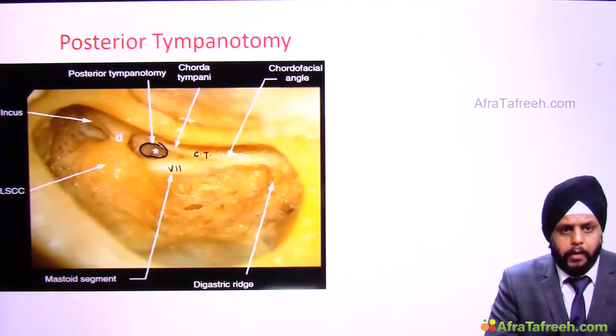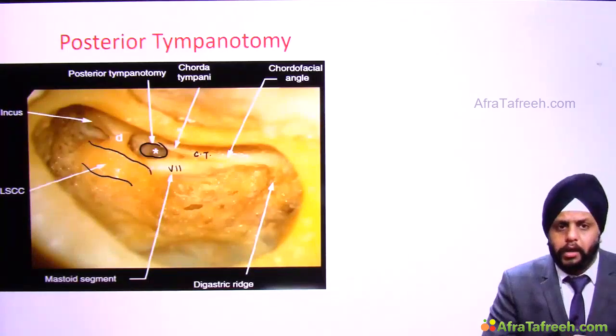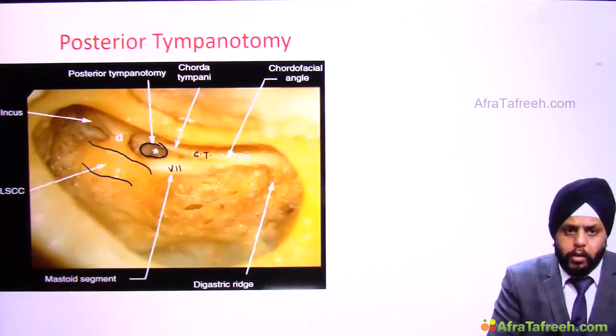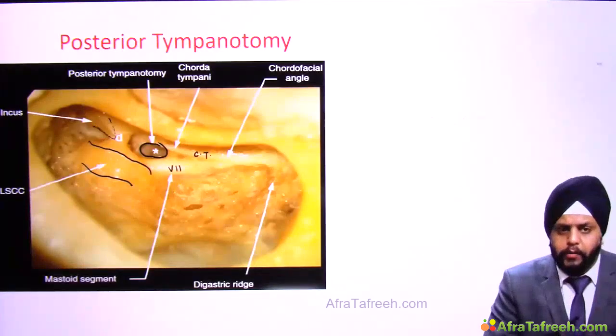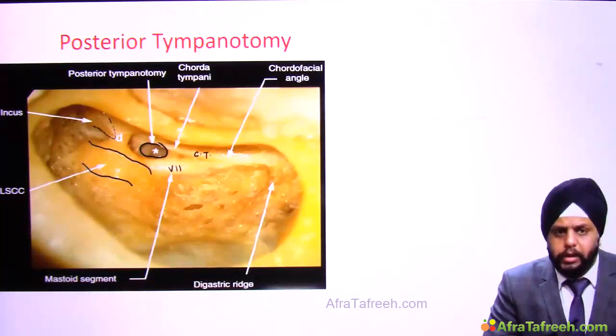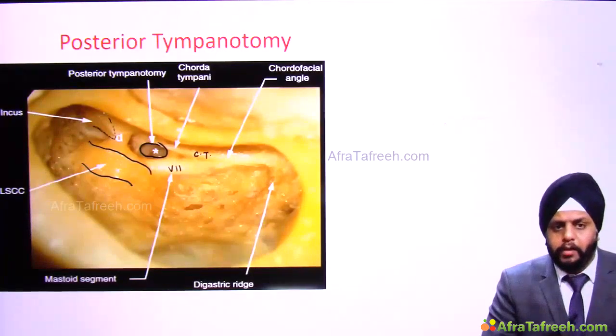What else can you see? You can see a very good bulge of the lateral semicircular canal over here and a very small but visible incus for us. So in between them we have made an opening and we have entered into the middle ear. So this is your posterior tympanotomy. I hope that's clear to you.